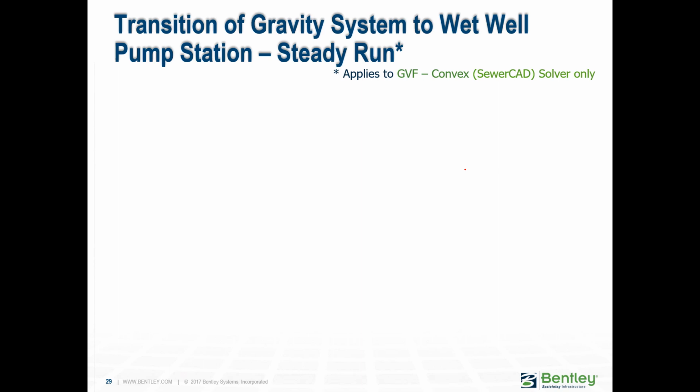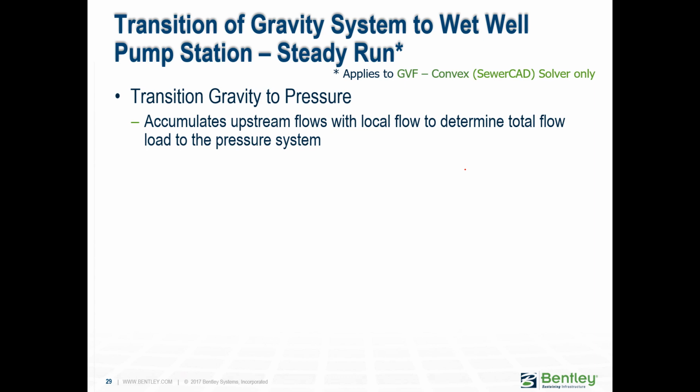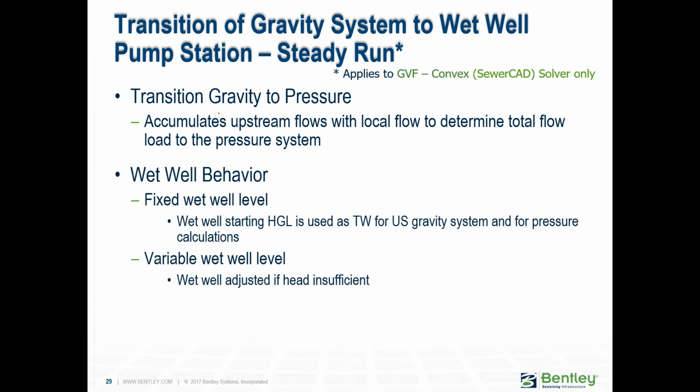Okay, we talked about this yesterday in a graph, that when we're running the SewerCAD solver, SewerCAD breaks it into subportions, the gravity and the pressure. And how we go back and forth between gravity and pressure is, if you go from gravity to pressure, typically what you have is a wet well.